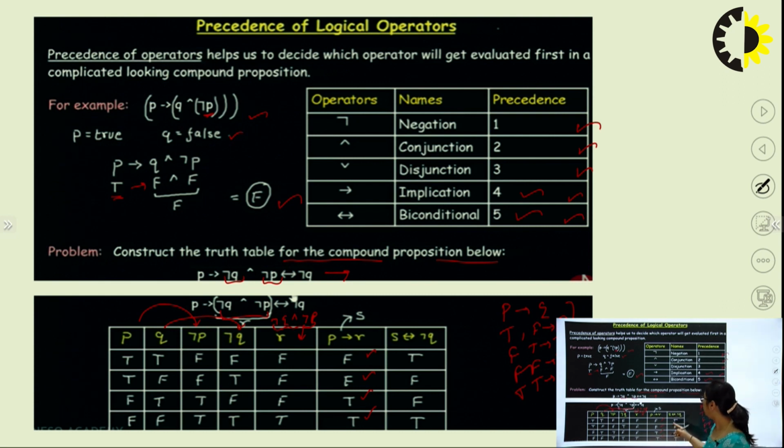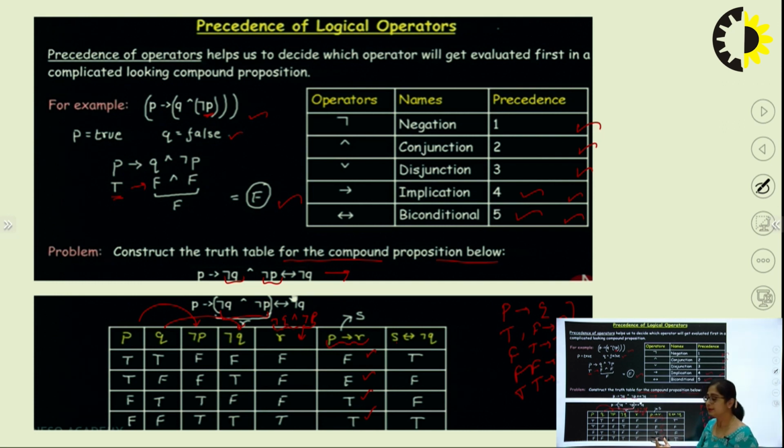Okay, and then we take this bidirectional with negation of Q. So we write here S. What is S here? S is not a fourth variable, it's a concrete part of that.